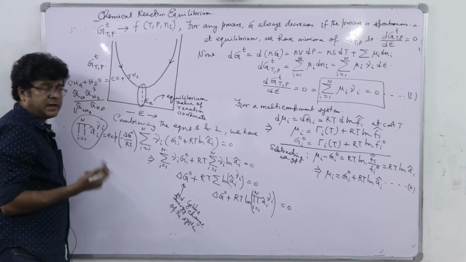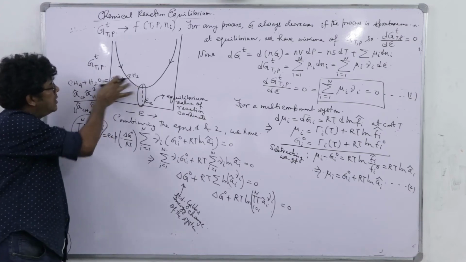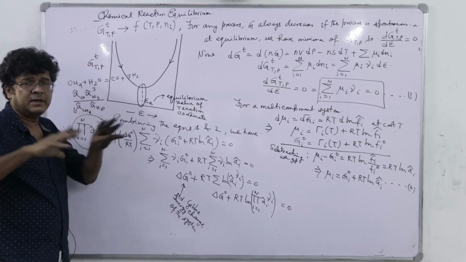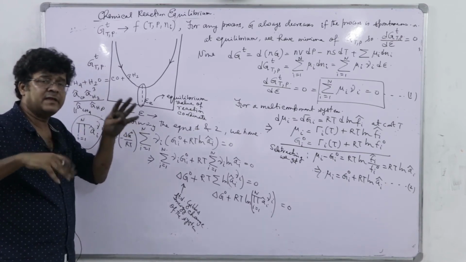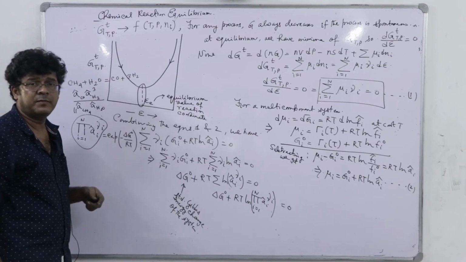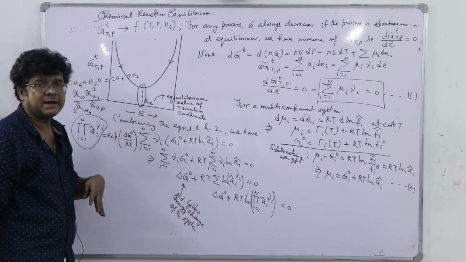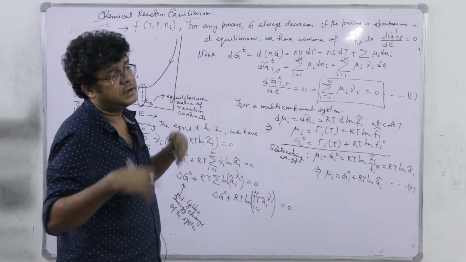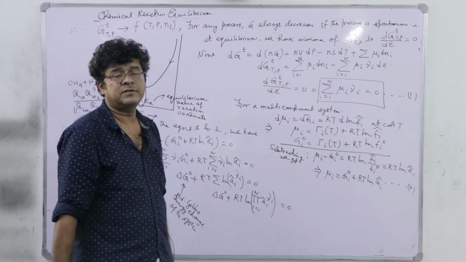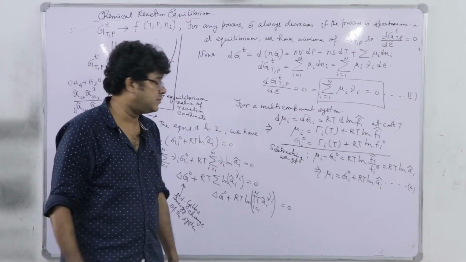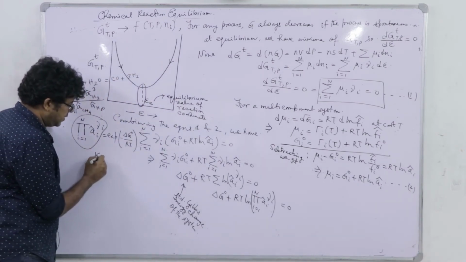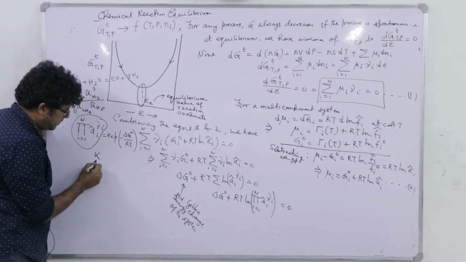Because nu I is positive for product and negative for reactant, it is the product's activity raised to the power of the stoichiometric coefficient's magnitude divided by the reactants' activity in product form raised to the power of the stoichiometric coefficient's magnitude. So this is nothing but the equilibrium constant of that reaction.